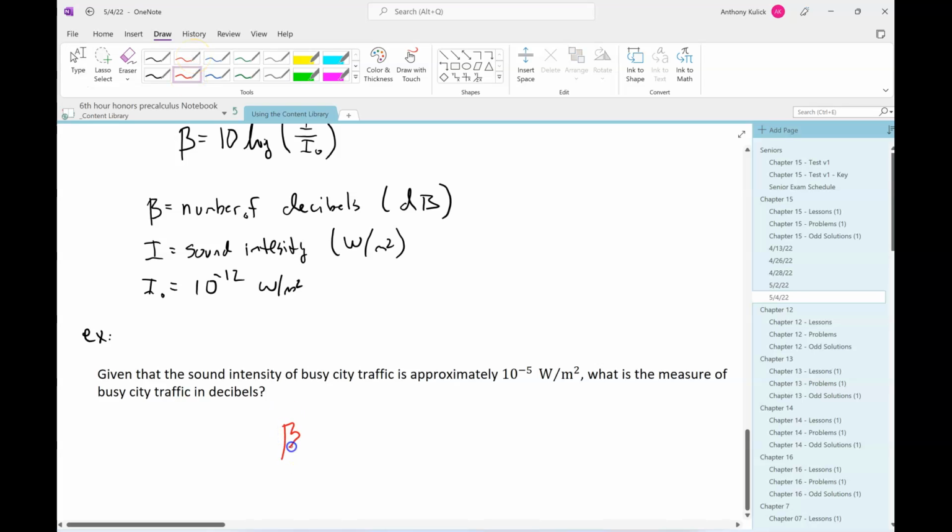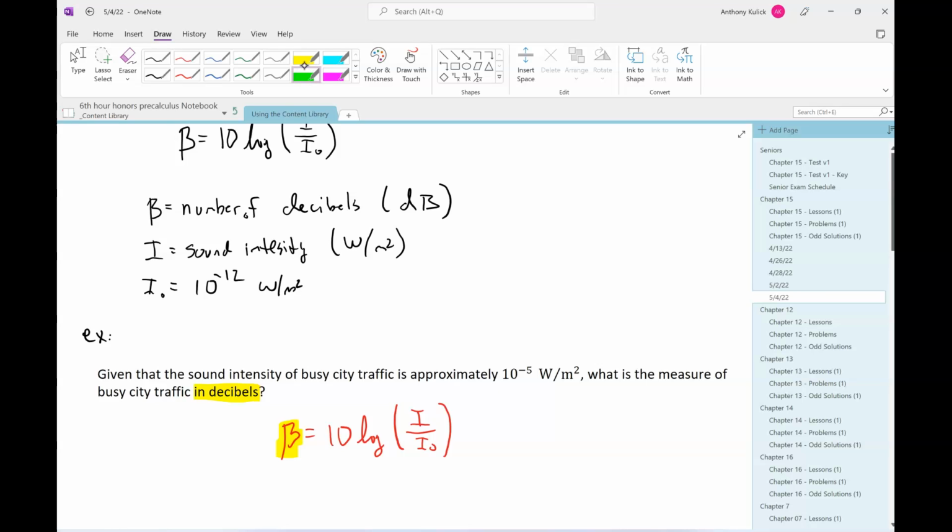So hopefully nobody's surprised when I say that we should be using our sound intensity model. Which parameter are we asked to solve for in the question? Beta, I, or I naught? Beta. Why? Yeah, it wants the number of decibels.